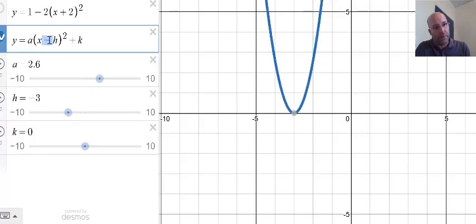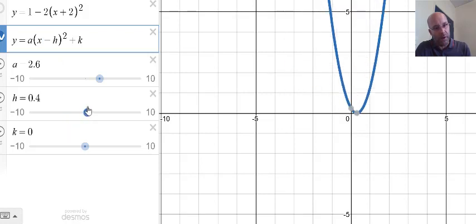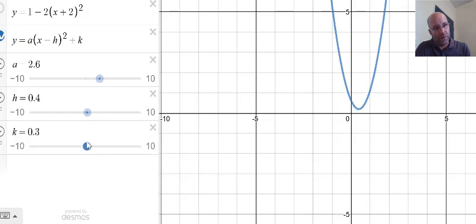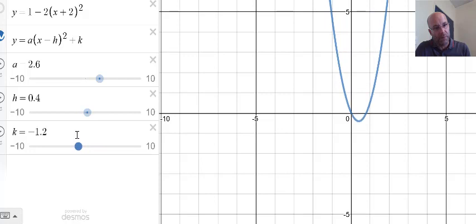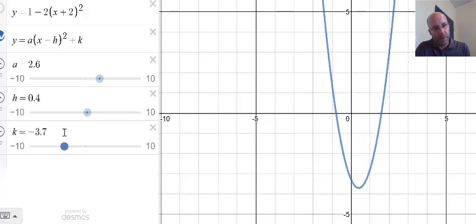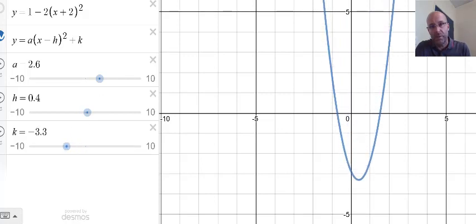So that would be x minus negative 3, which is x plus 3, so it would be x plus 3 all squared. That is a left to right translation, and k is a vertical translation, the number of units that k is. So k is positive 3, so it's moved up 3 from its original point, which was down there. It moves down if k is negative. Okay, so it's a bit of revision.